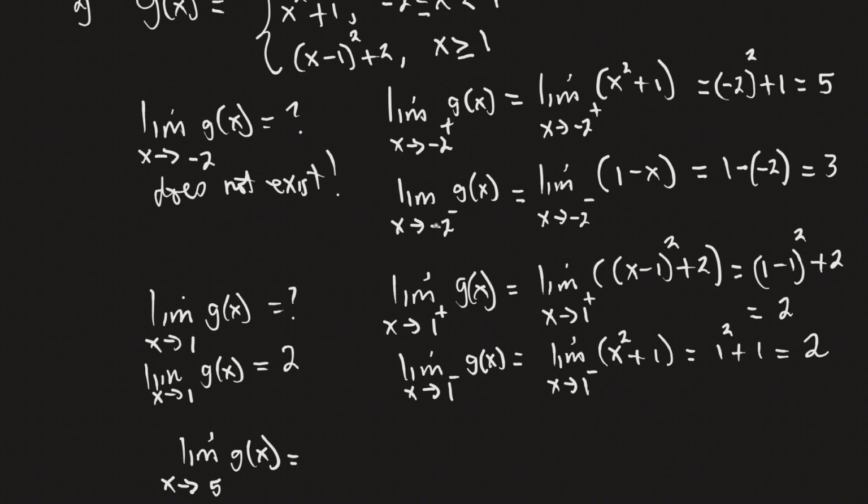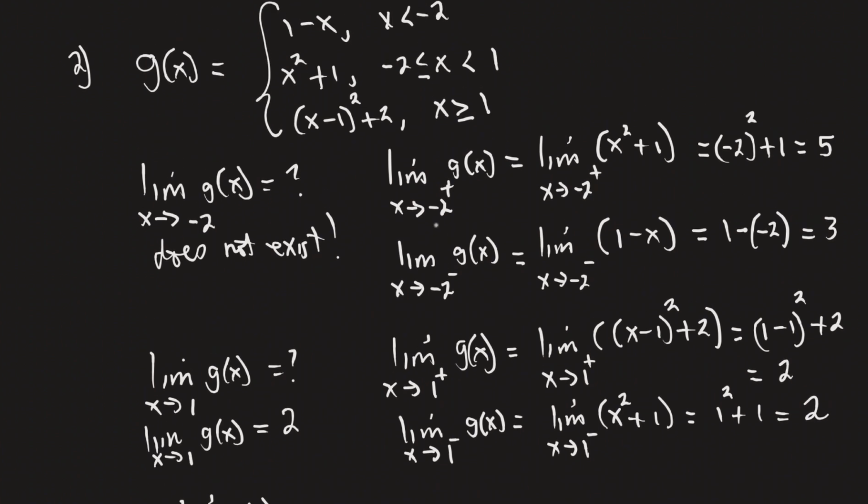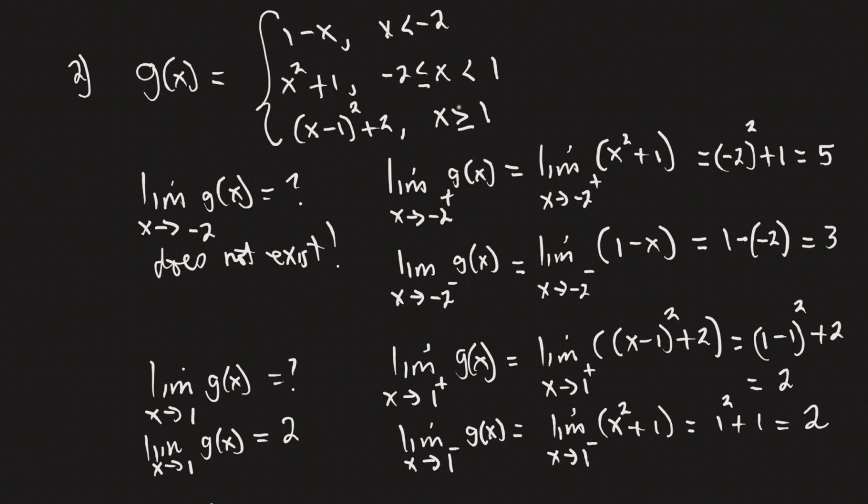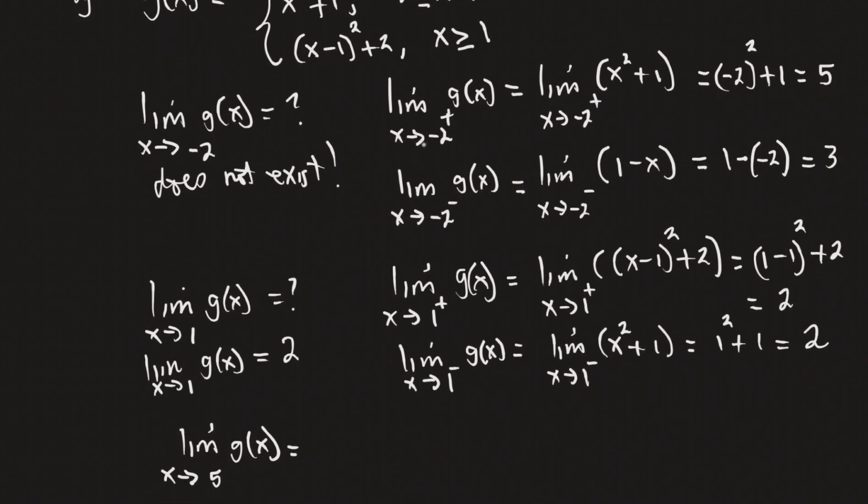The function, let me go back up again so you can see it, changes pieces, quote unquote, at x equals -2 and then at x equals 1. At x equals 5, there is no change because 5 is greater than 1.